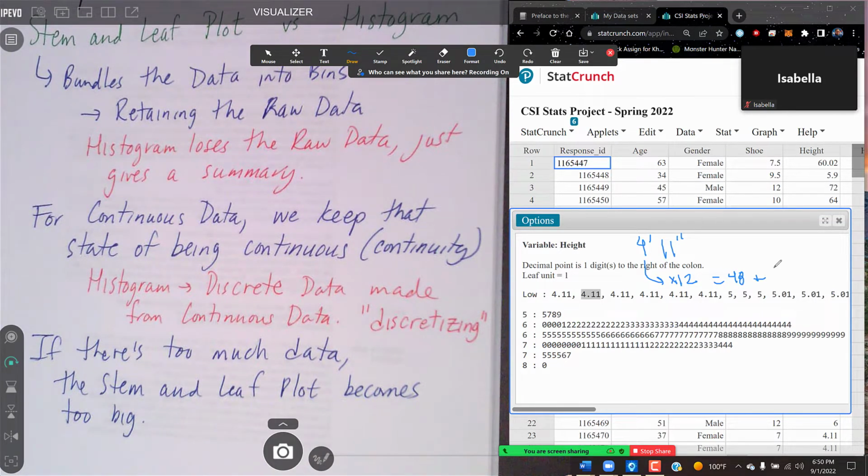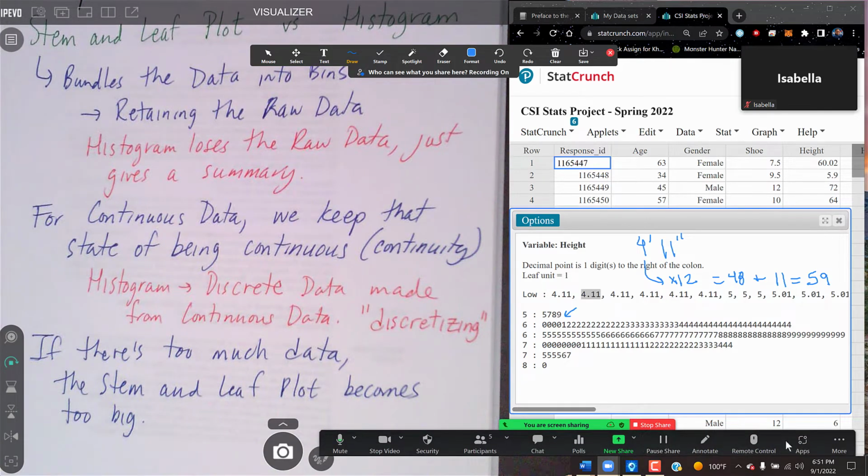Then you add the 11 to it, and you would get 59. So this 4 foot 11 belongs right here in the 59, but it's not listed. The stem and leaf plot is pointing out that it's an extreme case, because someone that's 4 inches tall doesn't make any sense.